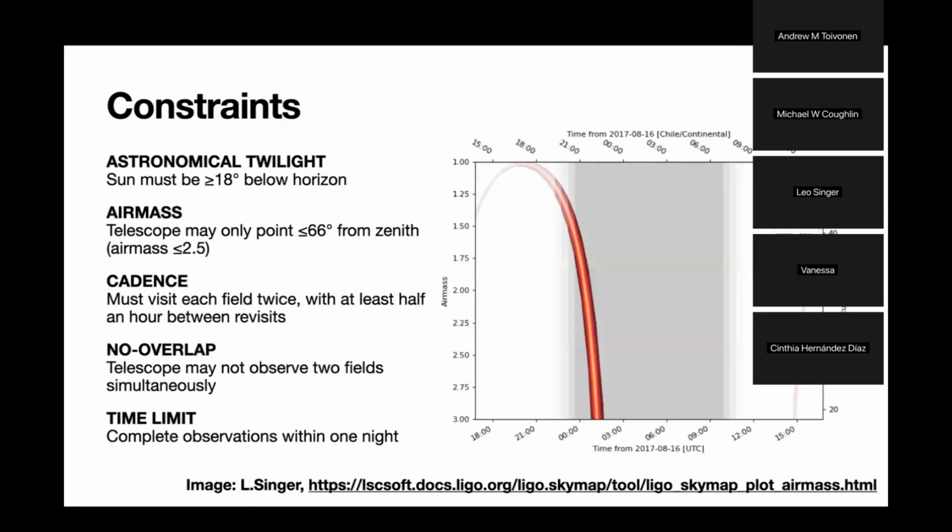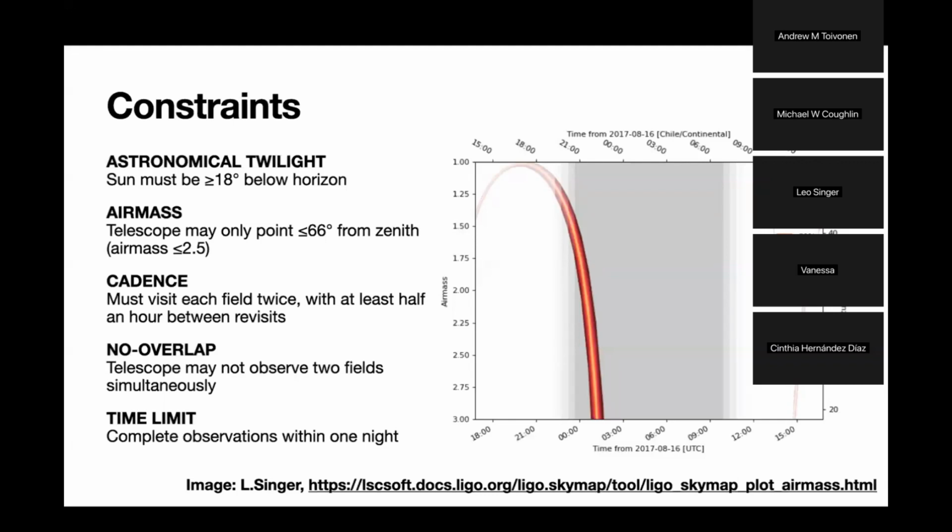So this is, as I said, a constrained optimization problem. Some of the constraints are that it must be nighttime. We have to observe when the source is at sufficiently low air mass. Air mass is a measure of how attenuated the light from a star is as a result of how much of the Earth's atmosphere it is passing through.